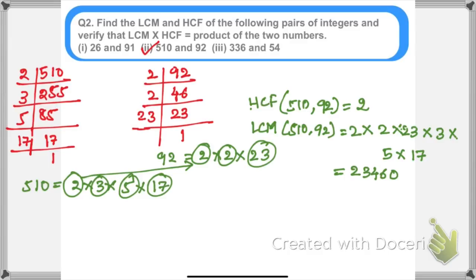Okay, now we also have to verify that LCM into HCF is equal to product of two numbers.